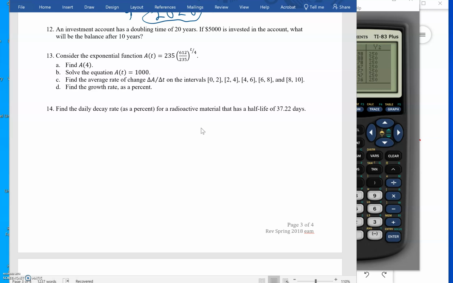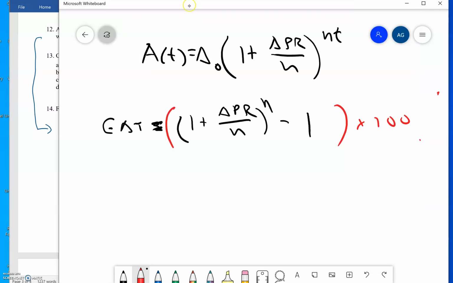So this is like being given the half-life, and if you recall what I said there, if you are given the half-life, you basically are going to do exponential regression. So I'm going to do exponential regression here as well. Actually, let me do this on the whiteboard where I have a little more room to work.